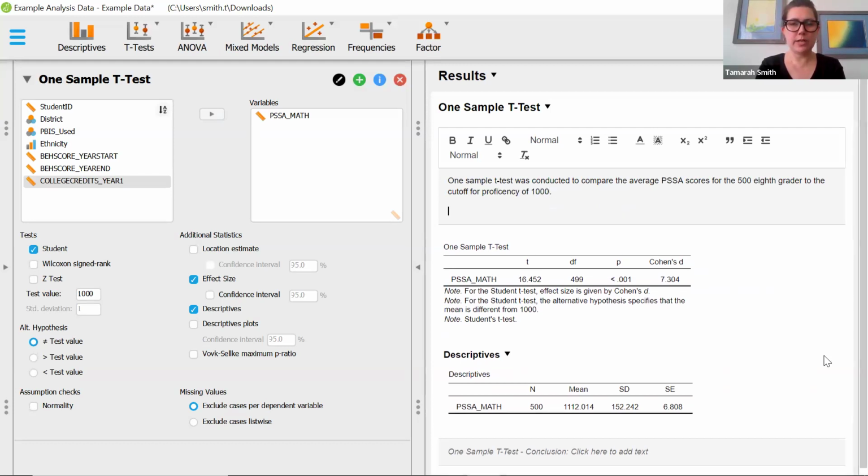I apologize if there are typos in here. The t-test, that one I caught, was significant. I'm going to go over this in just a second. Don't panic about where these numbers are coming from. With a large effect size.